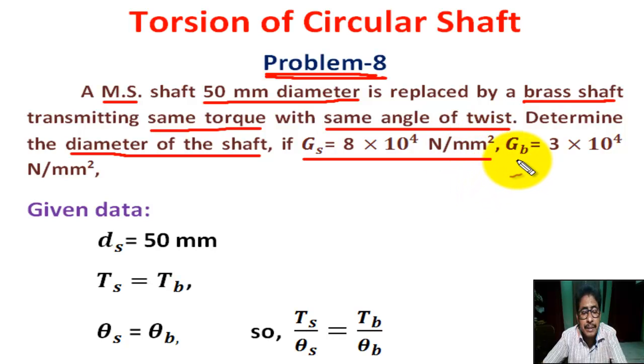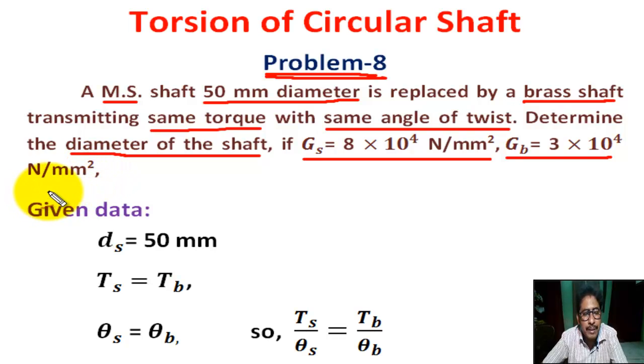GB means modulus of rigidity of brass shaft. GB equal to 3 into 10 to the power 4 Newton per millimeter square.